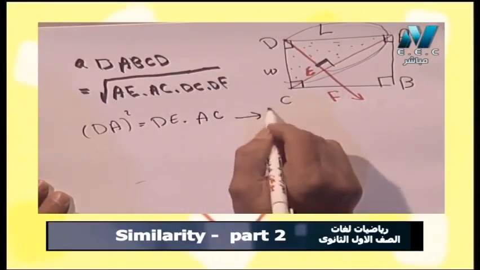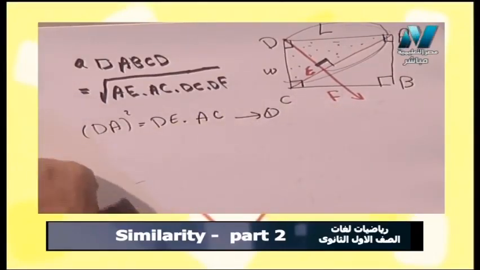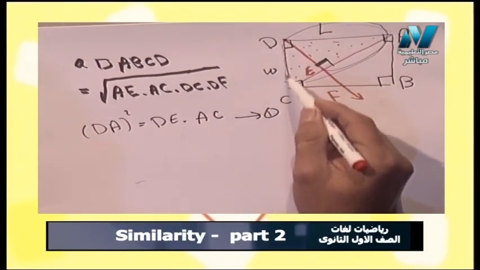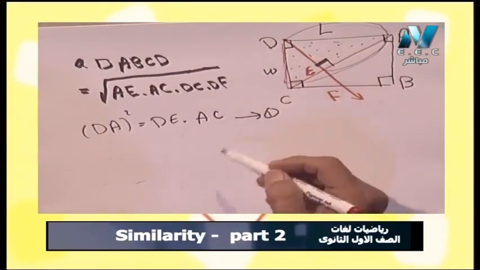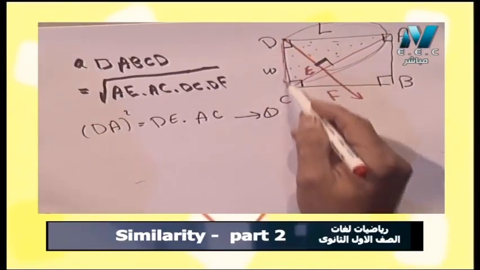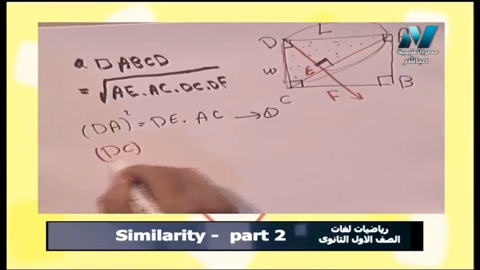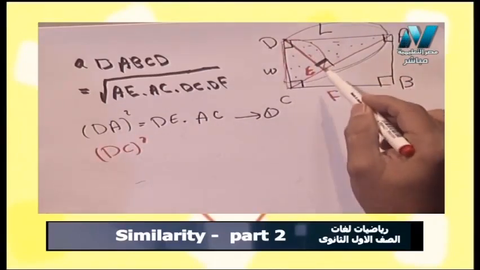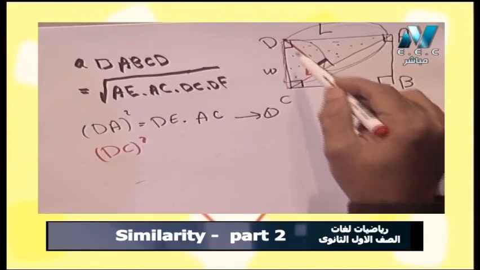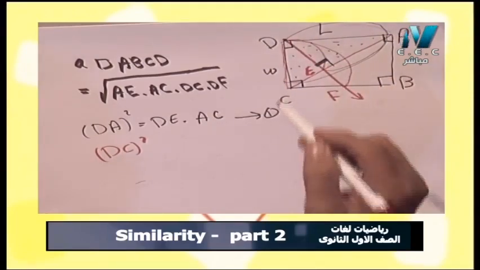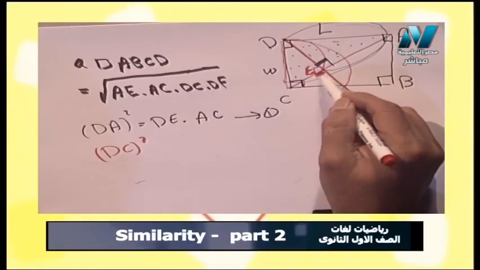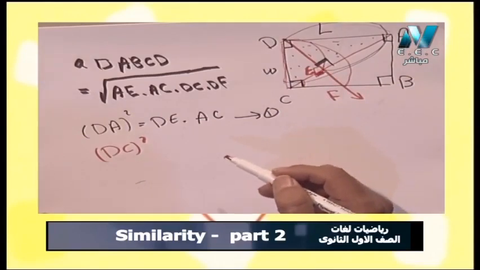This is equation number 1, and we have equation number 2. We have here the DC, which is the width, and DC power 2 here equals what? Equals DE multiplied by DF. Why? Because we have a right angle here and it is perpendicular here, from similarity or Pythagoras theorem.